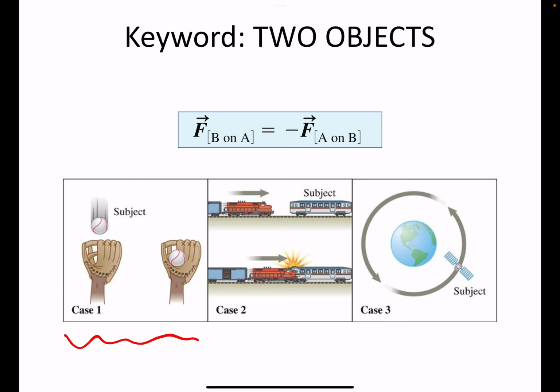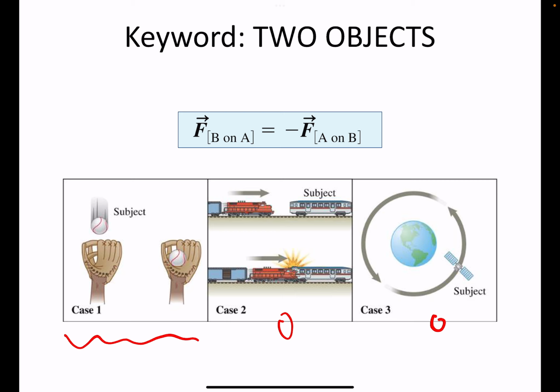And think about the train wreck, the train bumping into a bus in this case. The train will apply force on the bus, but the bus will apply force on the train as well. And then the third scenario, a satellite orbiting around the Earth. We can all imagine the Earth is applying a force we call gravity on the satellite.